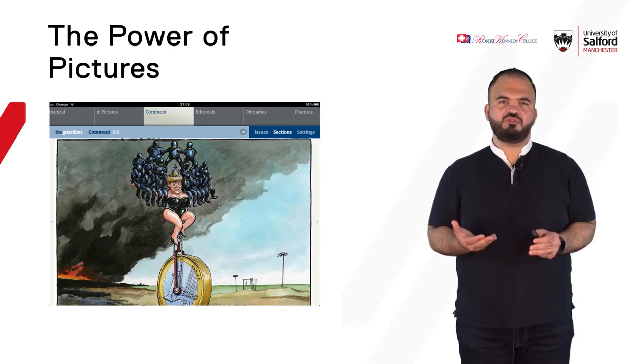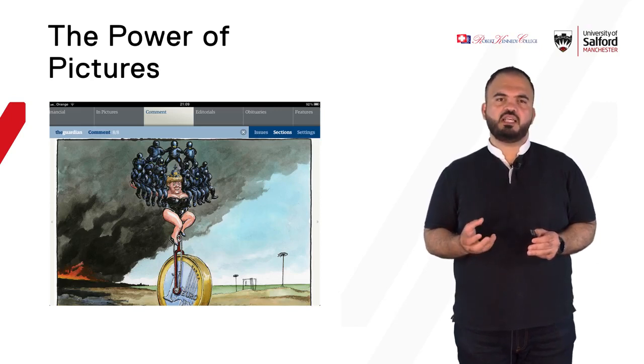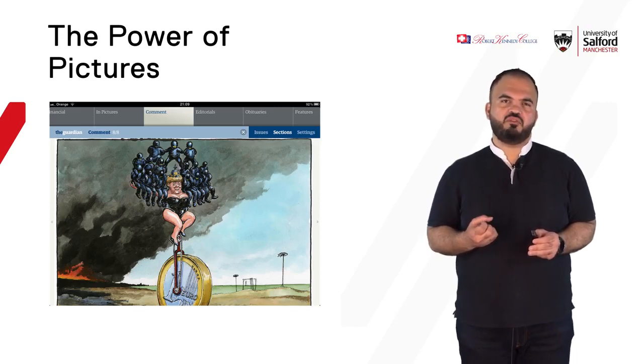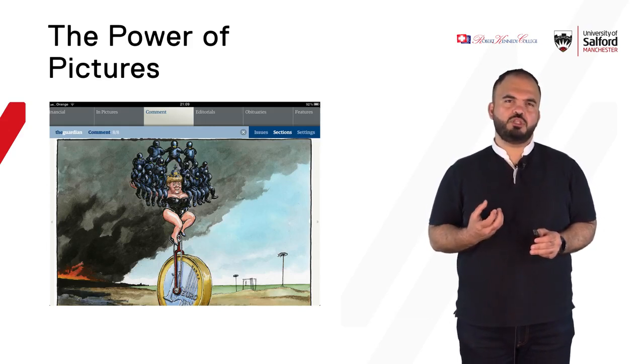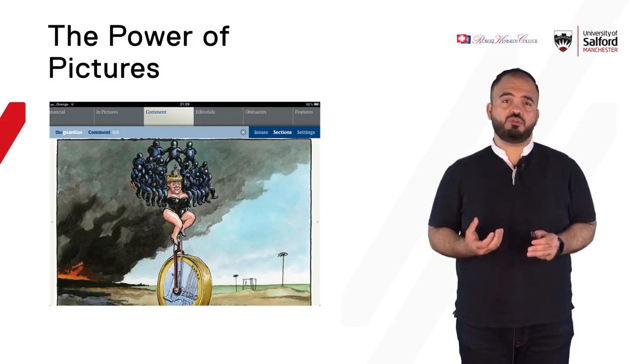Think of the power of this picture, how the Guardian has been expressing the Chancellor in Germany, how she controls the Euro to help Greece. So she's leading all the European leaders to give two big loans to Greece.